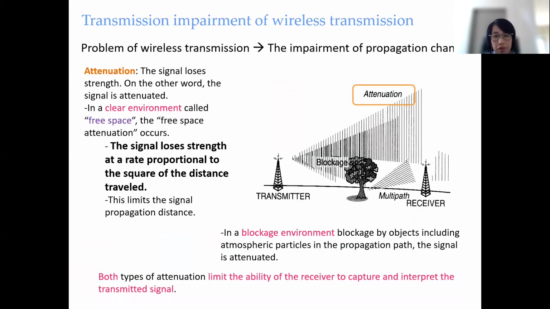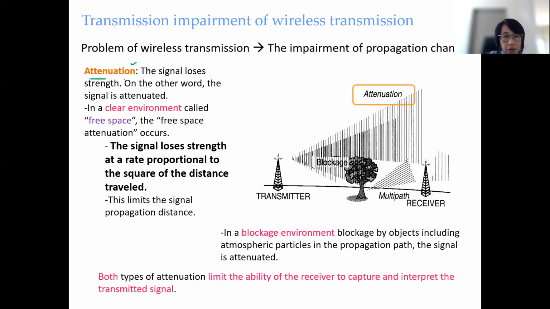You have to understand every impairment, and then as an engineer, if you know the problem, you can select the suitable technique that can help your system improve, right? So please take a look at each impairment of the propagation channel.